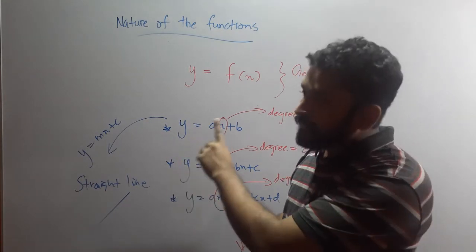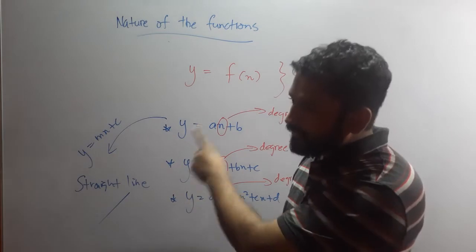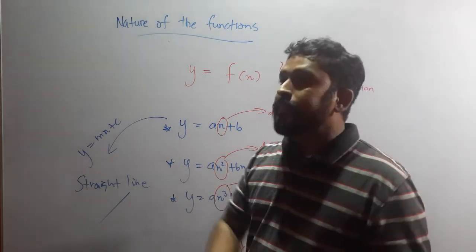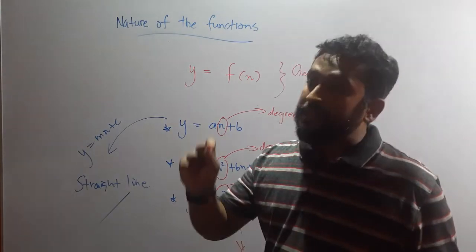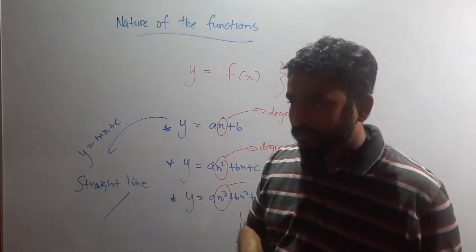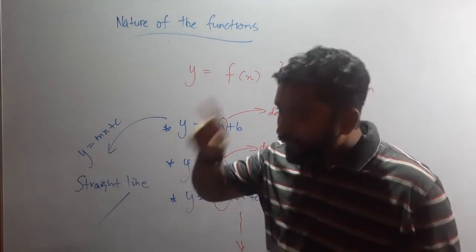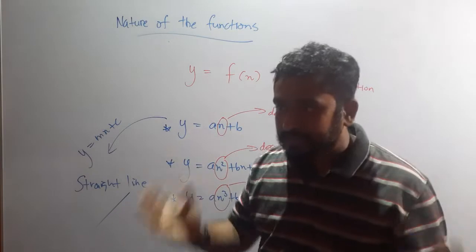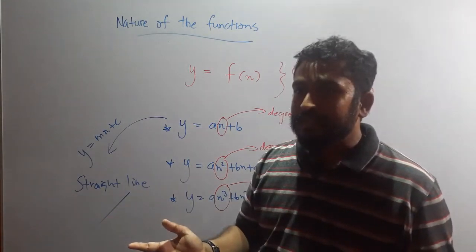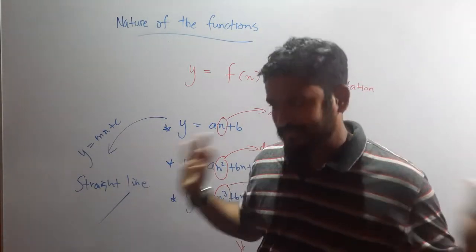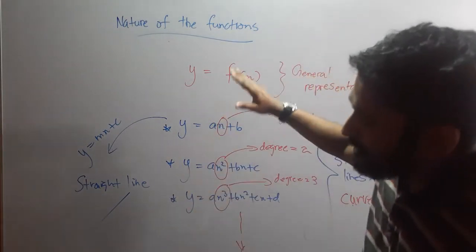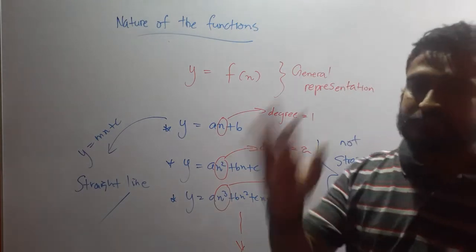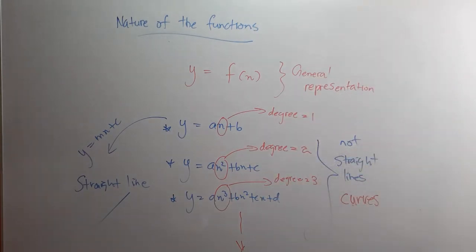The converse is the same: to be a straight line, the degree should be 1. Then, if the degree is greater than 1, the shape is certainly not a straight line, which means it should be curves. That's it. Got it? Write down the chart and write down your own note at the end of the chart. Done. Right, so let's continue.